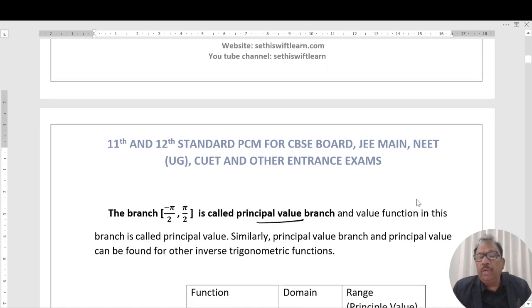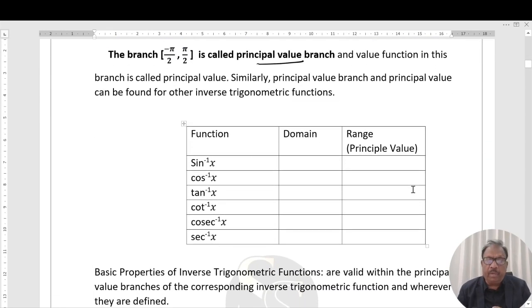Now I am going to write the domain and range of the functions. Domain of sine inverse x is minus 1 to 1. Range and domain interchange for inverse trigonometric functions, with certain restrictions.